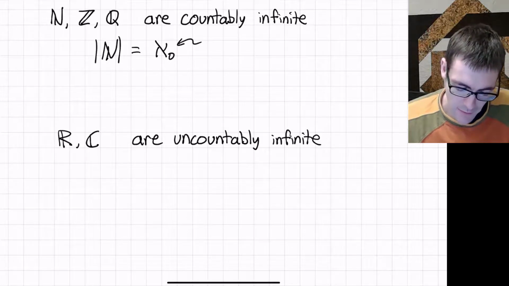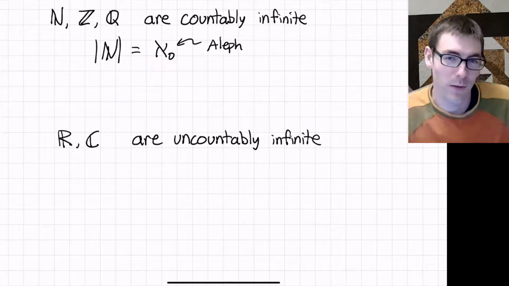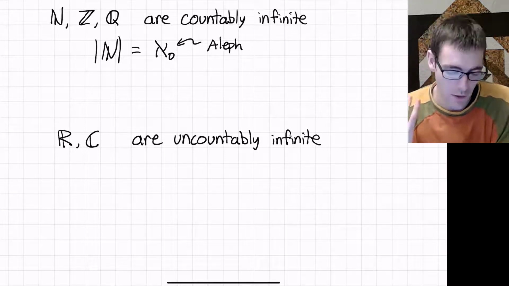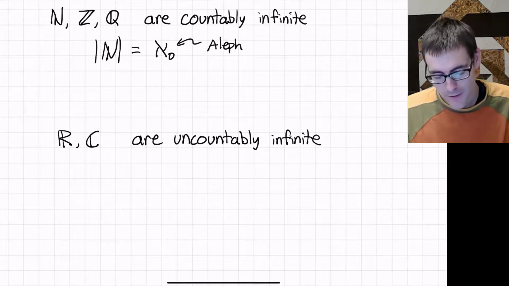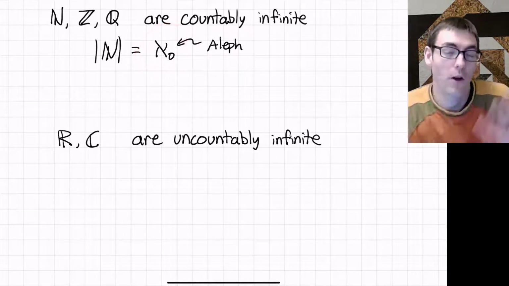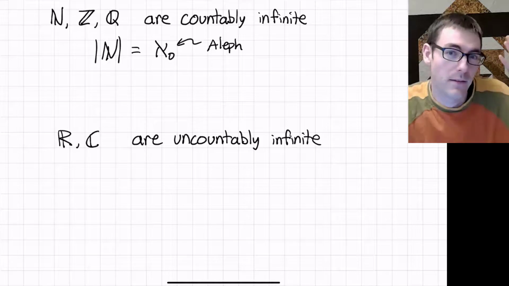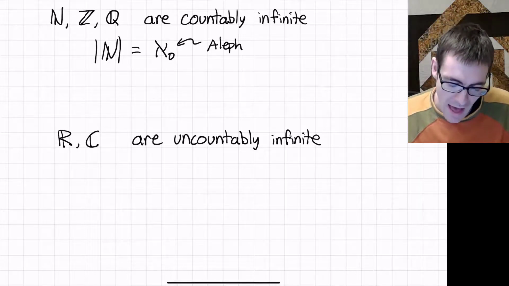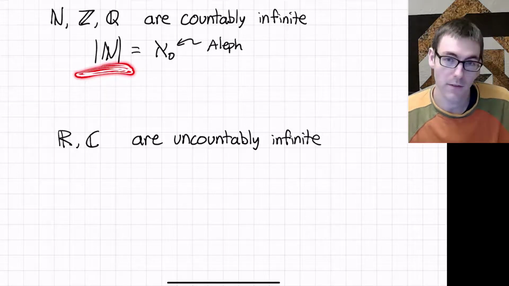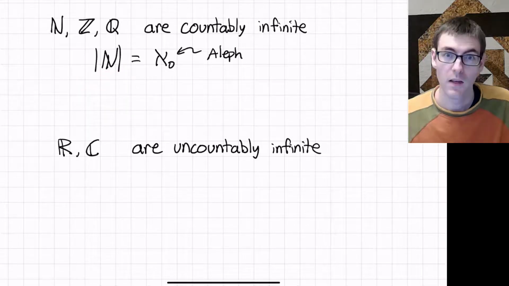In a sense, we've used all of our English Latin letters, we've used all of our Greek letters, so we're now moving on to Hebrew letters to designate things like cardinality for these infinite sets. So aleph null is the cardinality for the set of natural numbers.